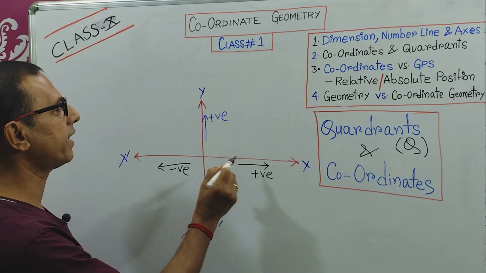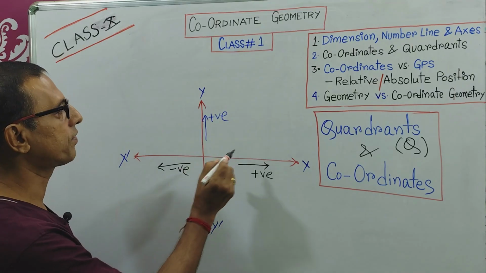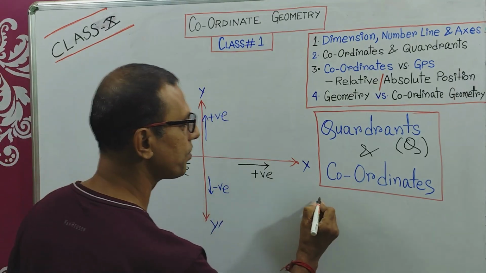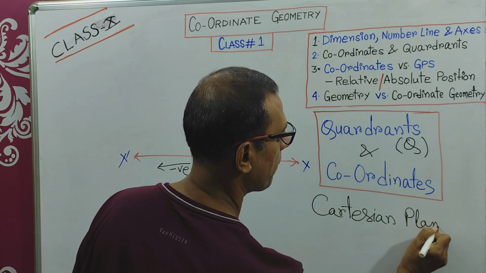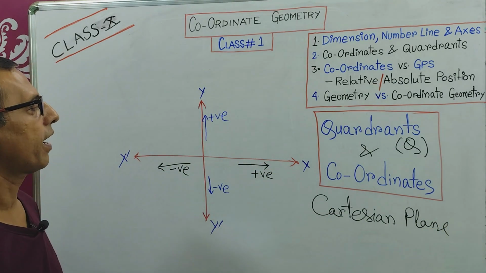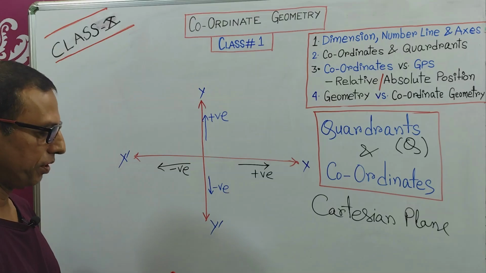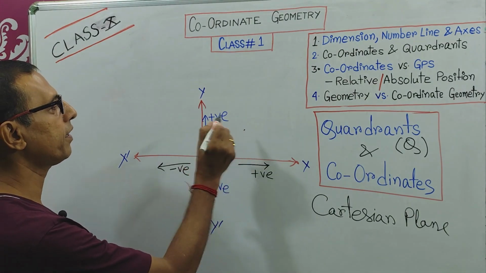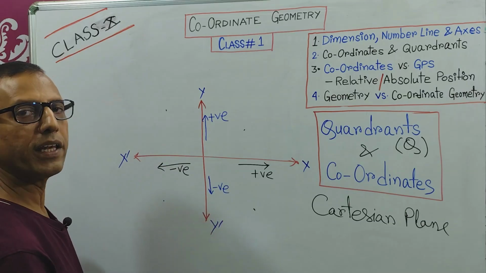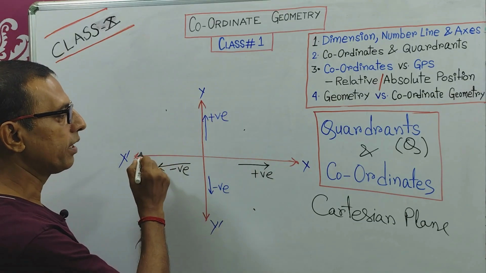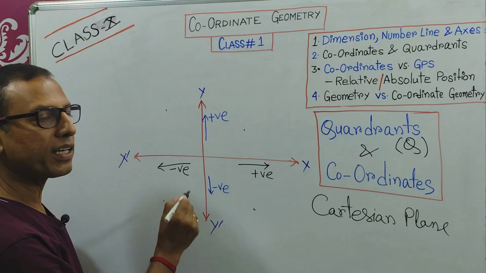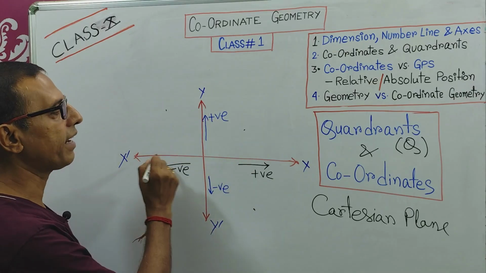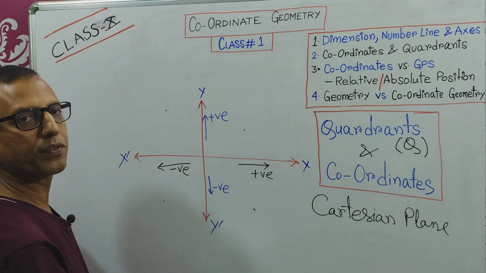Then this x-axis and y-axis create a plane that is called the Cartesian plane, right? For a Cartesian plane, to define the position of a point, the position could be here, here, here, anywhere, right? So the Cartesian plane is divided by the ordinate and abscissa into 4 quadrants.